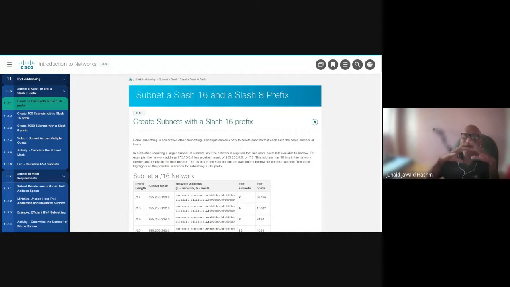You should never have 65,536 hosts in one network. It's impossible. It won't even function. So if you have a Class B network ID with a 16 prefix, you must subnet it.